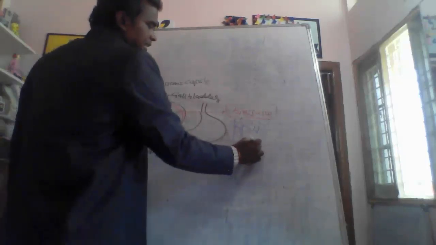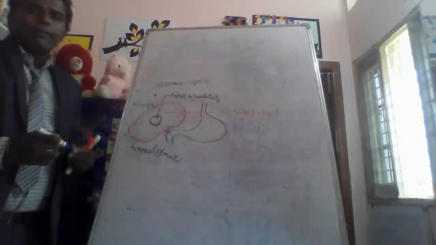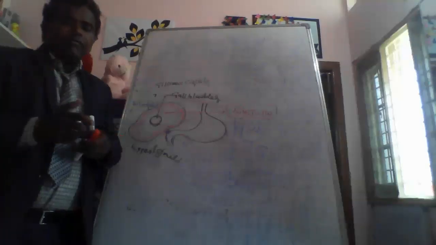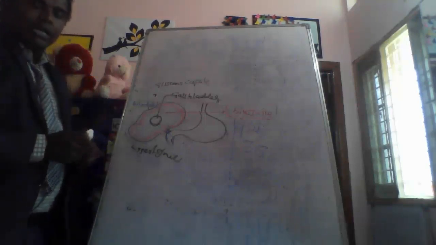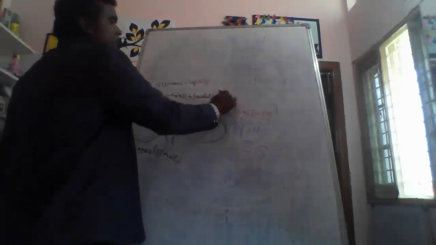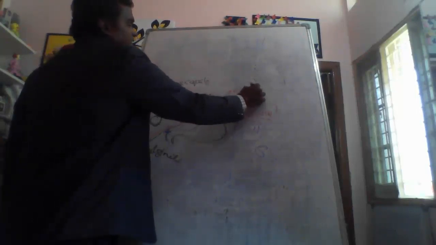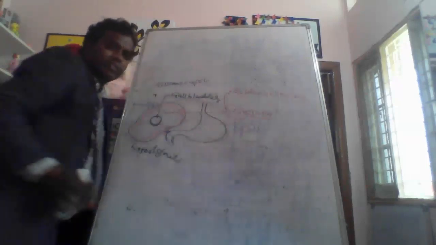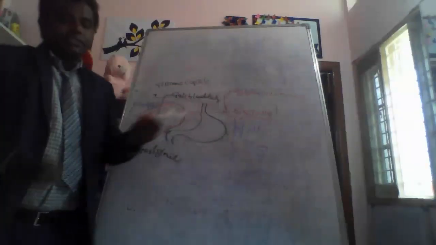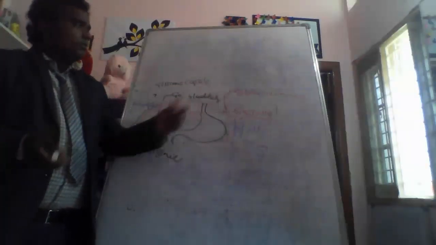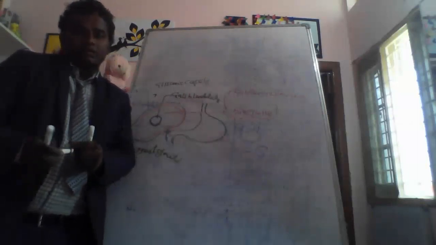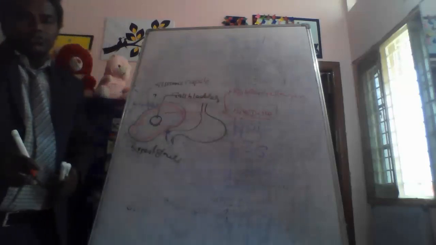It is 8.6. What is the color of bile juice? Golden yellow ash color. That is really important: bile juice is golden yellow ash in color.